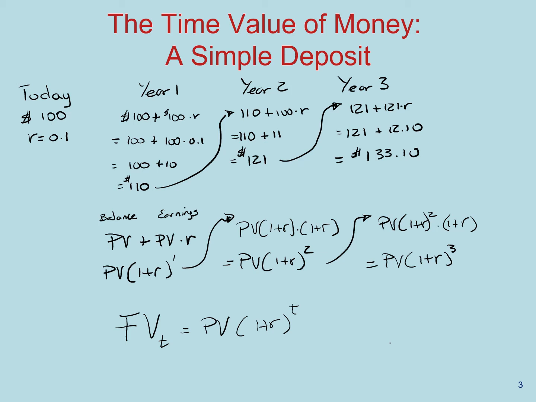Now, from this, we can do some algebra to also think about the present value of a future sum. From that expression, we can solve the present value of a future sum as equal to the future value, again t periods in the future, divided by this growth factor.